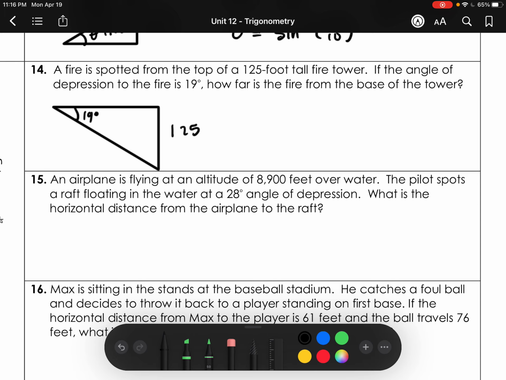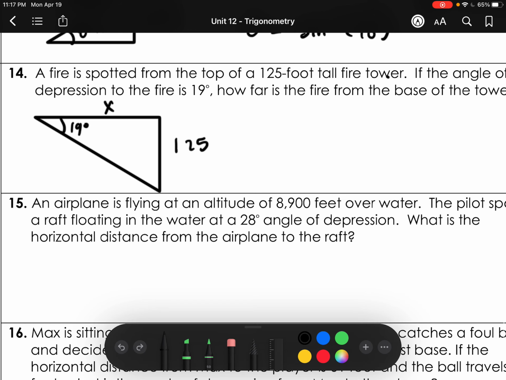So we're looking for this length right here, because this would be the same as down here, right? So from the base of the tower would be right like that. But it's the same as this length right here. So I'm going to be looking for this length. We're given this angle, and in reference to this angle, this is the opposite side, and this is the adjacent side. So we're going to be doing tangent.